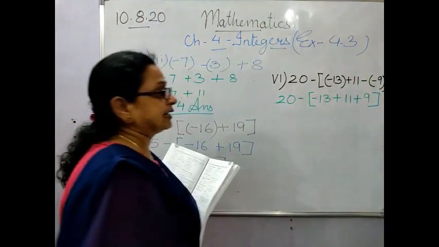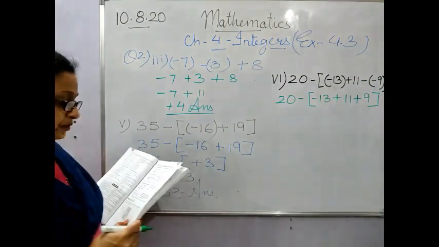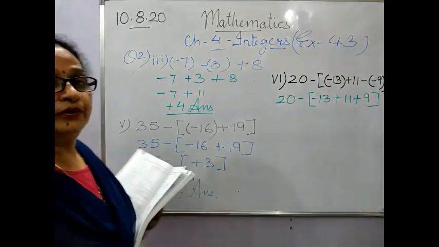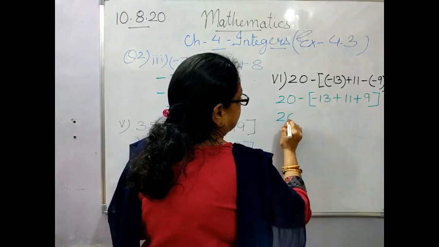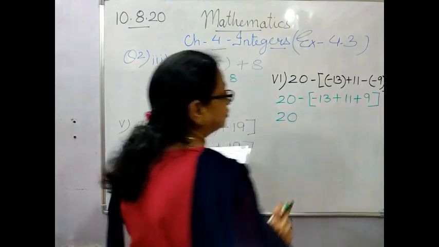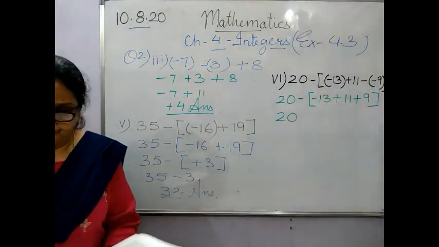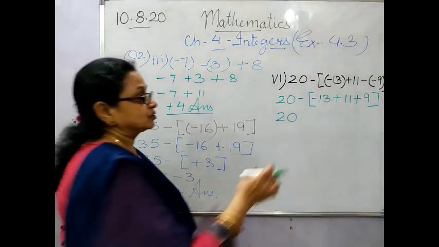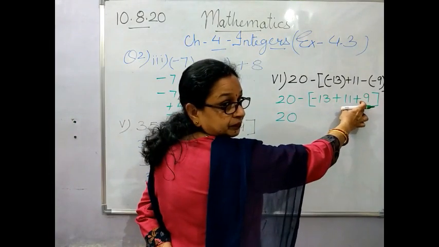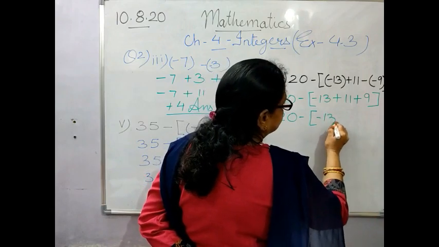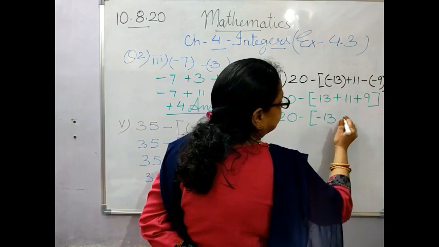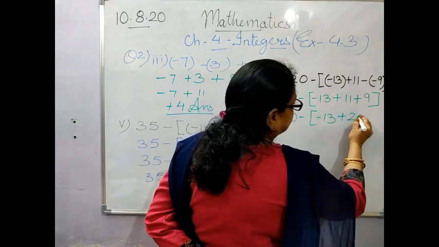So one type of bracket we have solved. Now before that children, you will solve this addition. So it will be minus 13. 11 and 9 is 20.